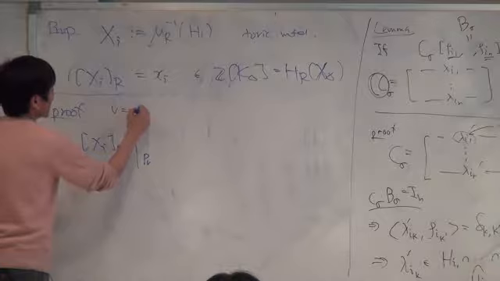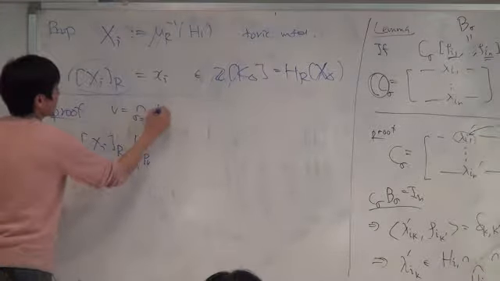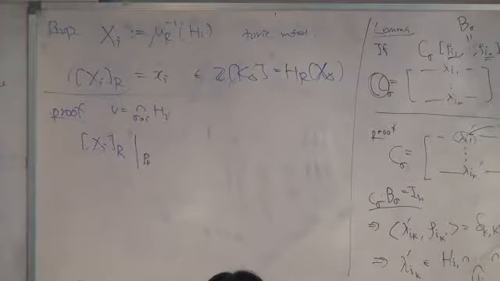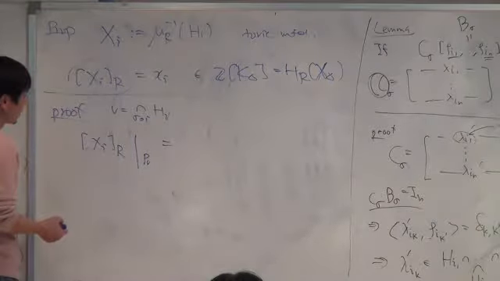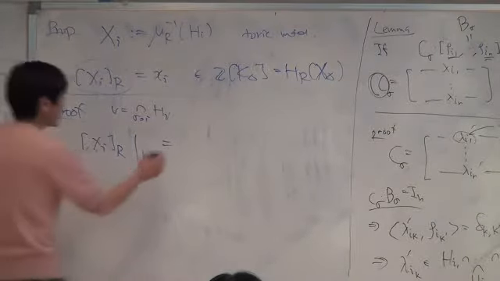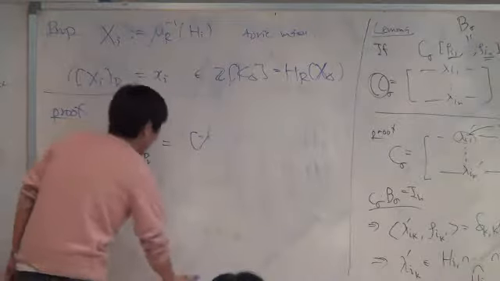V is given by the intersection of hyperplanes, facets indexed by sigma. The pullback is functorial.